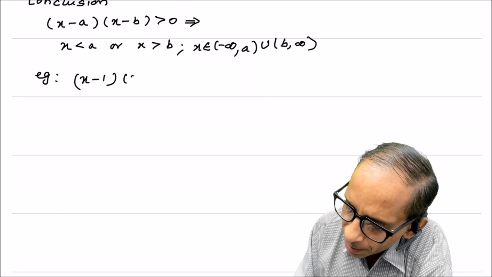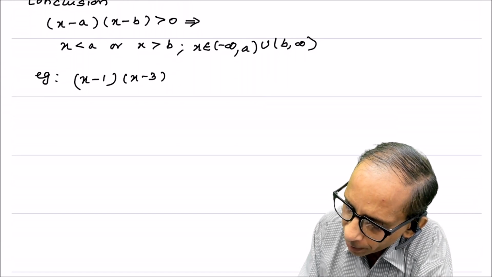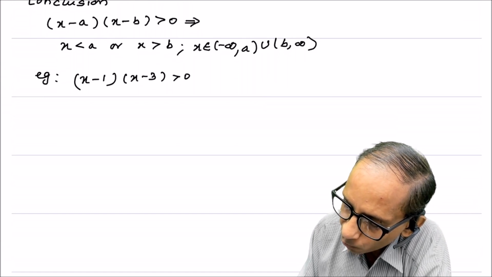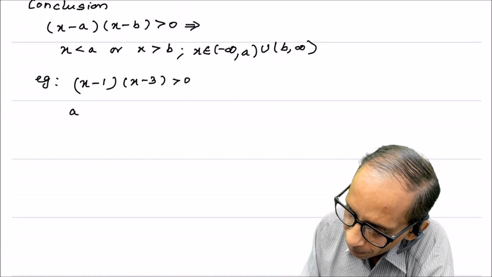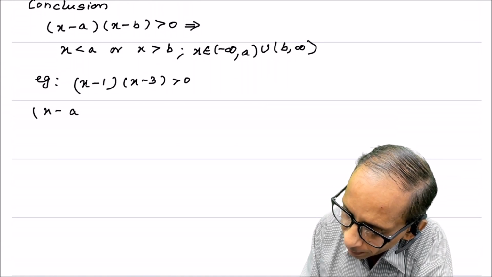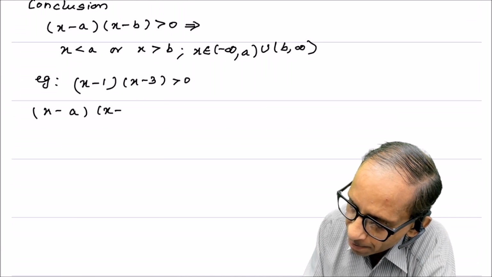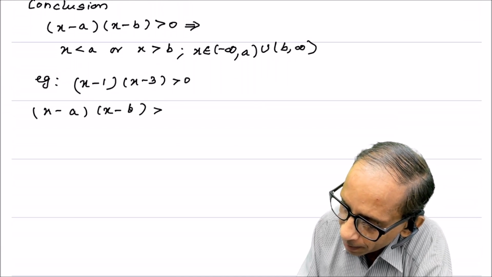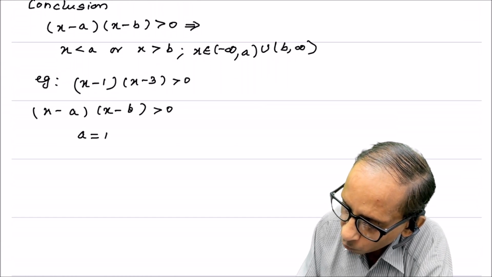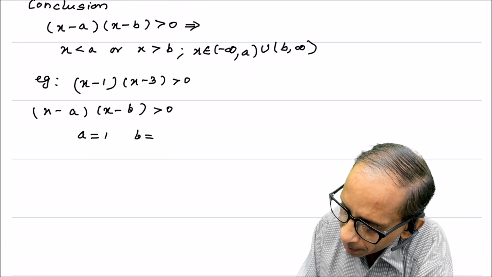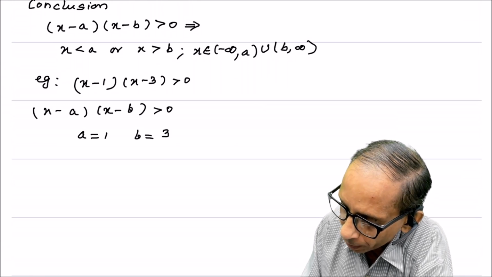We consider this case (x minus 1) into (x minus 3) greater than 0. Then for us, if we are comparing with the format (x minus a) into (x minus b) greater than 0, then a is the smaller number 1, b is the larger number 3.